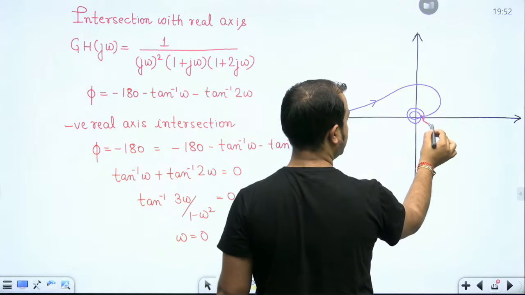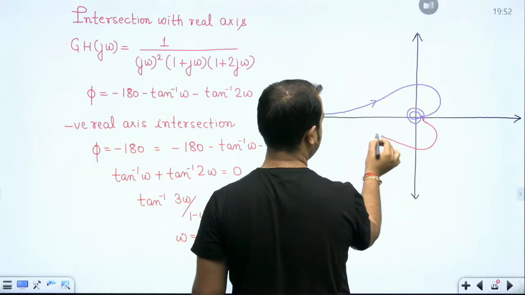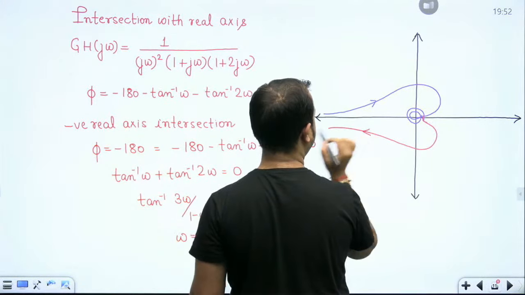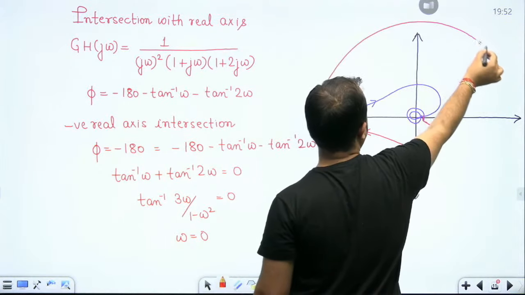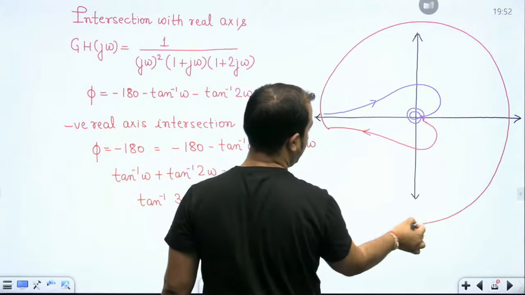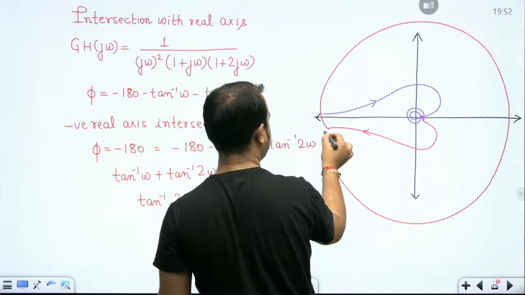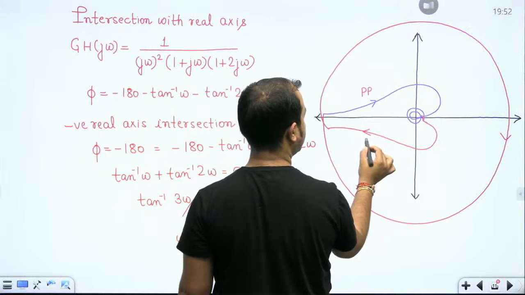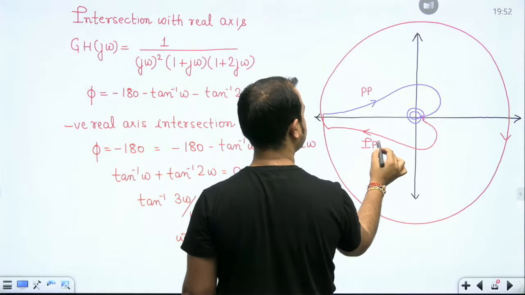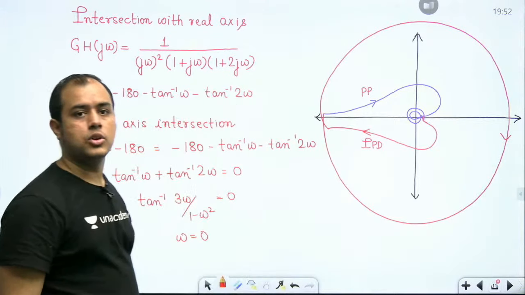And then, my dear, this is your second point. Now here we will get an infinite circle like this. Okay. So this is your polar plot. This is your inverse polar plot. Okay.